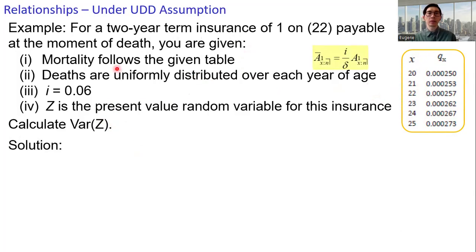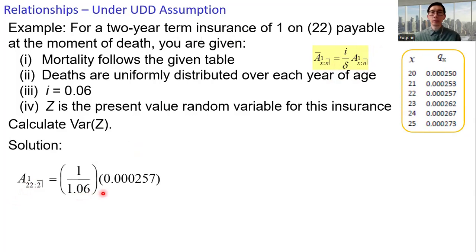All right, we are given UDD, so we can use this relationship. We need to get the 2-year term insurance, the discrete case, payable at the end of the year of death. The first term, the present value, 1 over 1.06 if the individual dies before reaching age 23. So the probability here is q22.